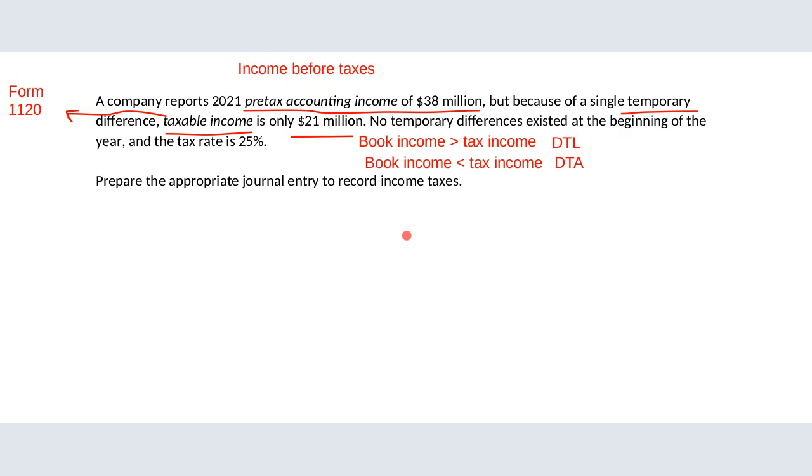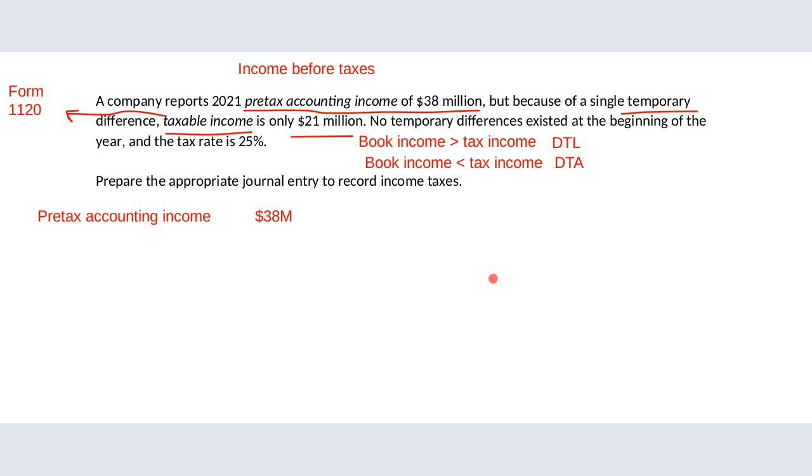I like to set it up as we have our pre-tax accounting income of 38 million. Then we have our temporary difference, which we deducted for tax purposes. The difference between 38 and 21 is 17.